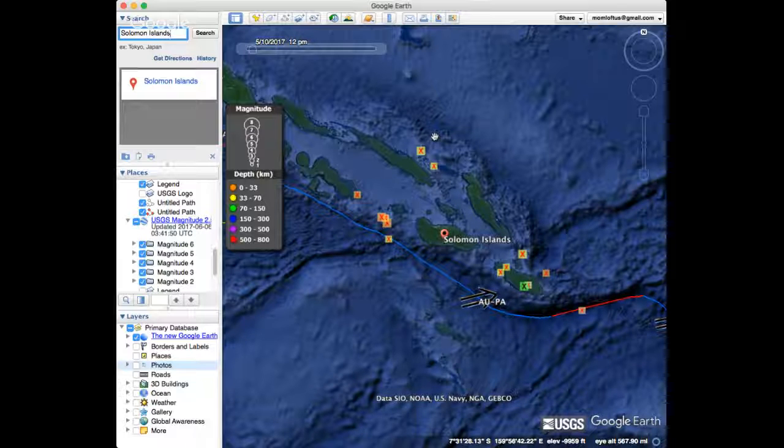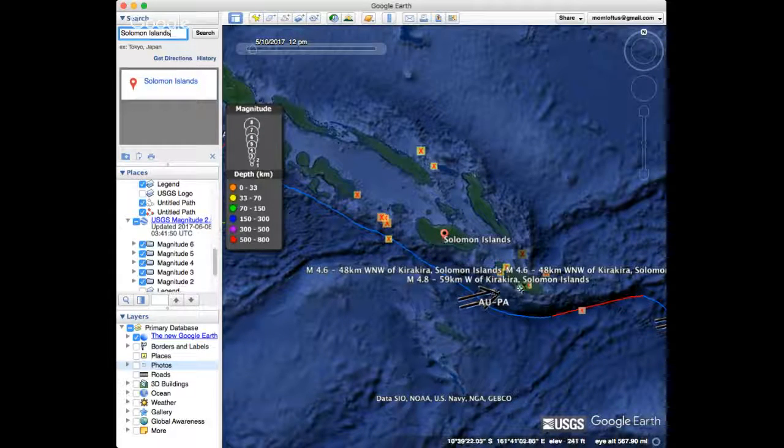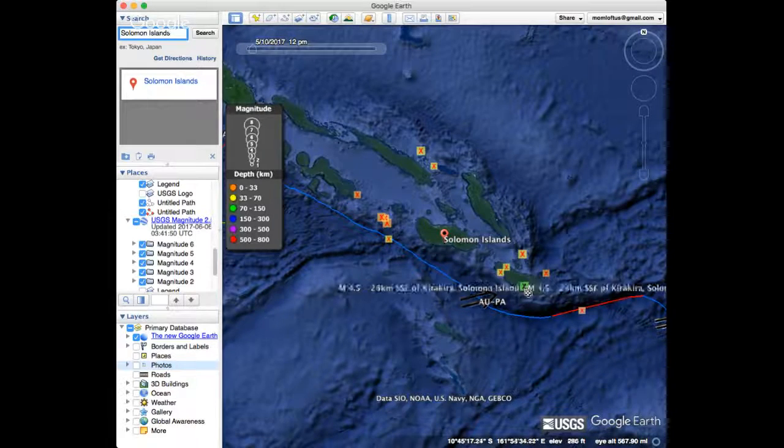Yeah. So I'm going to change questions because I don't know the answer to number 3. But I'm looking at question number 5. So looking at the Solomon Islands, there's not much land there. And these are 4.6s, 5.5, 5.0, 5.3.